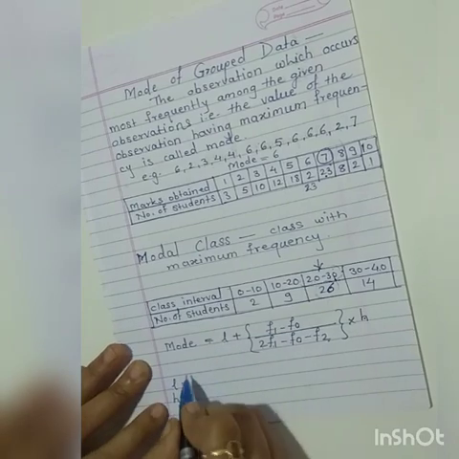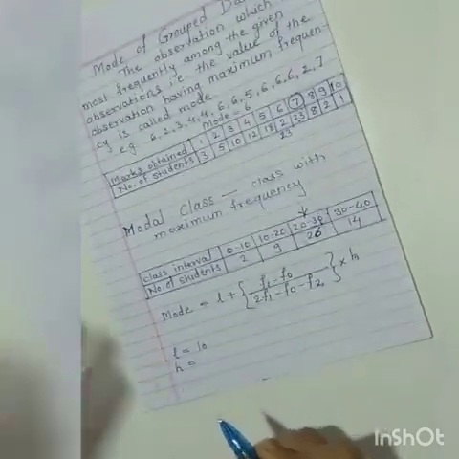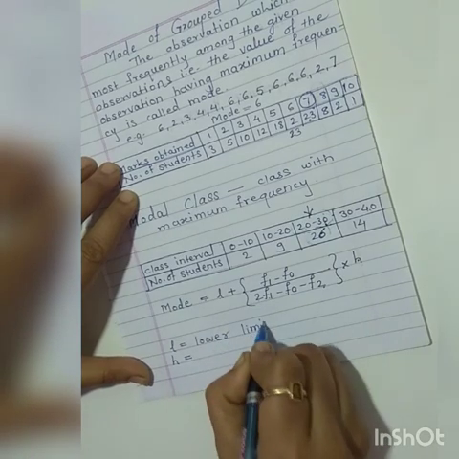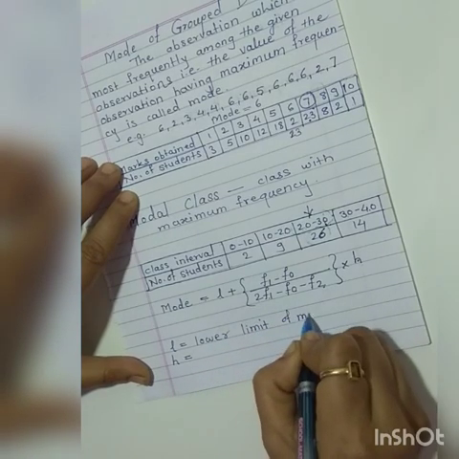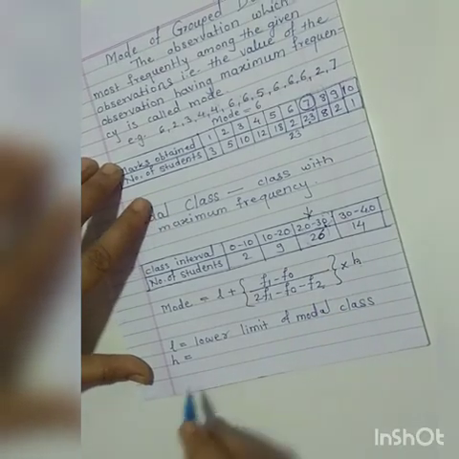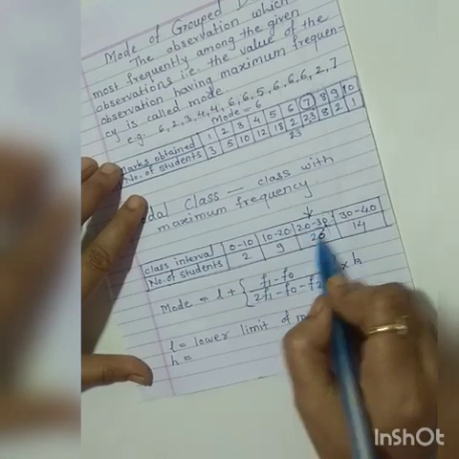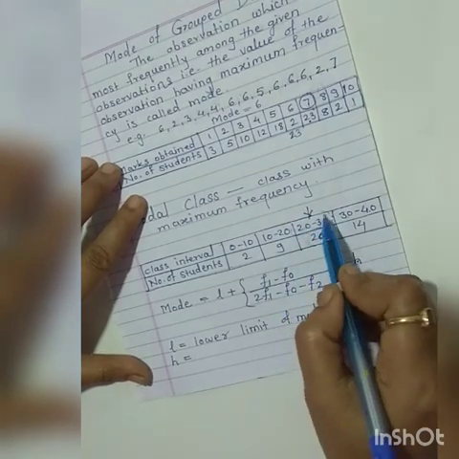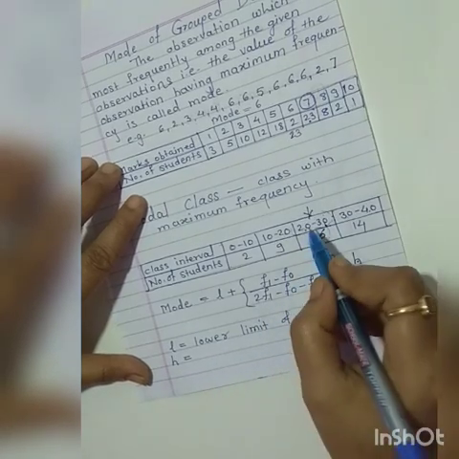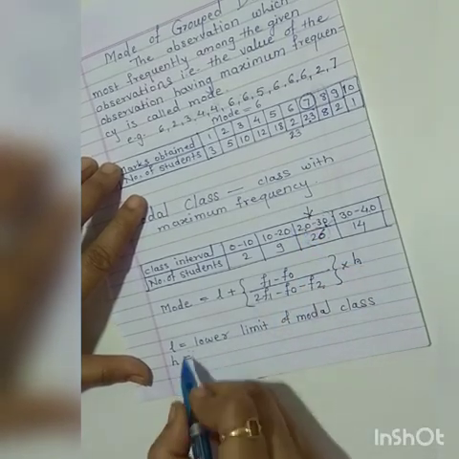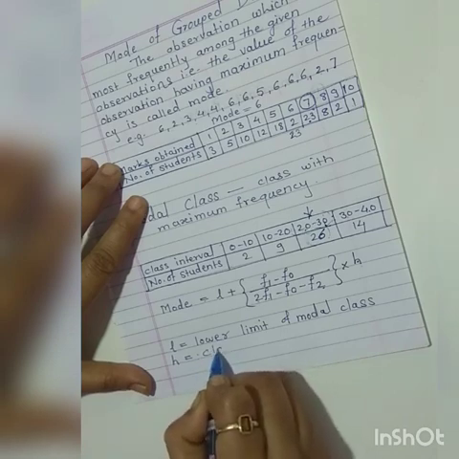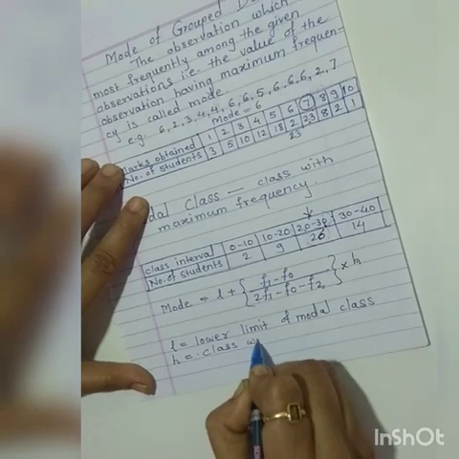Now L is the lower limit of the modal class. So here in this example, as this is the modal class, 20 is the value of L, the lower limit of this modal class. Now what is H? H means the class width or class size.